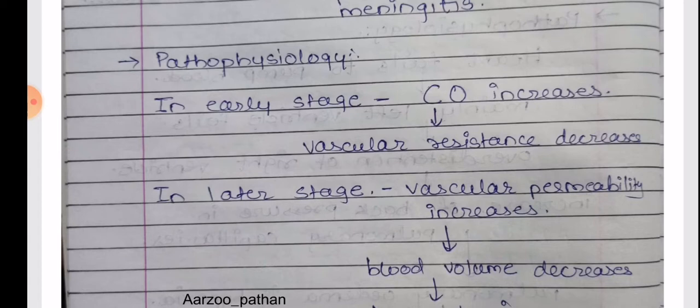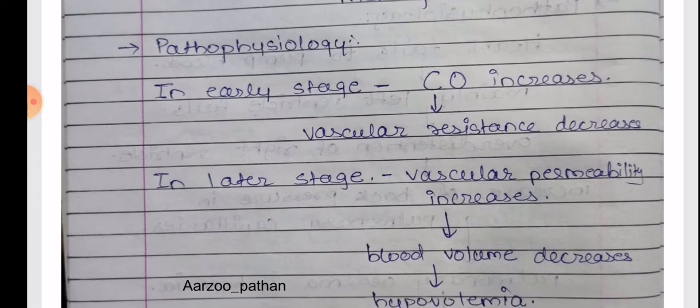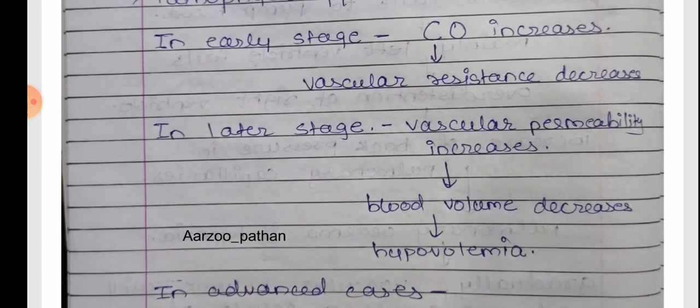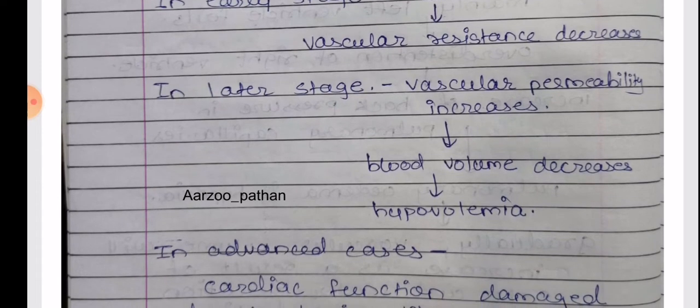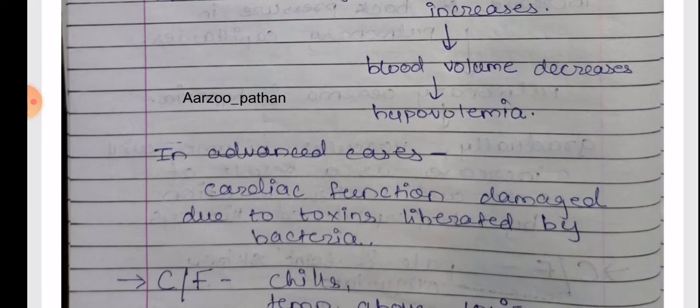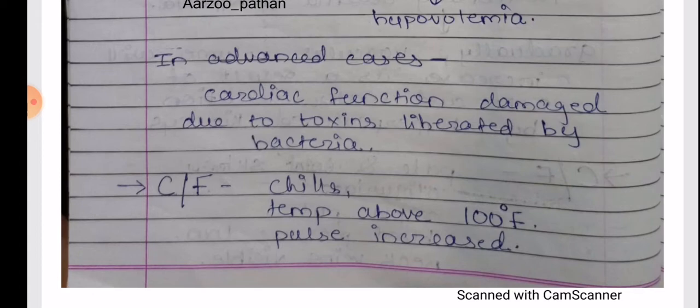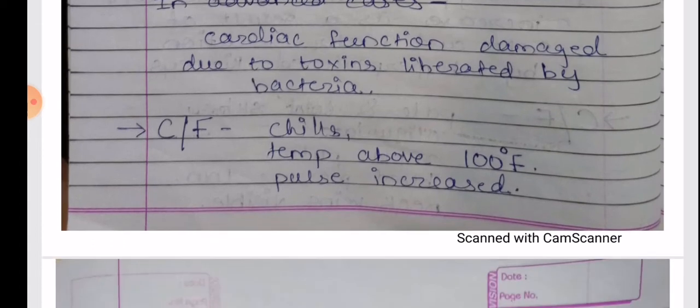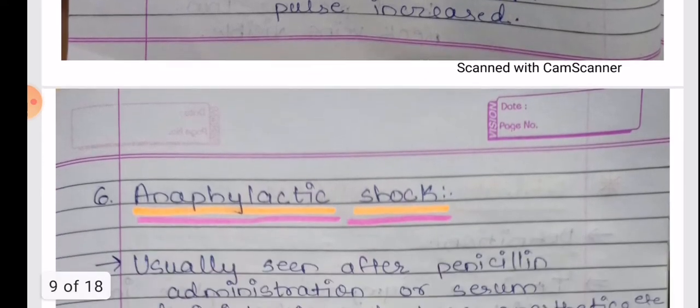In the later stage, there is vascular permeability, which is increased, which leads to decrease in the blood volume, and which eventually results in hypovolemia. In advanced cases, cardiac function may be damaged due to toxins liberated by bacteria. Clinical features include chill, temperature above 100 degree Fahrenheit, and pulse is increased, which is tachycardia.